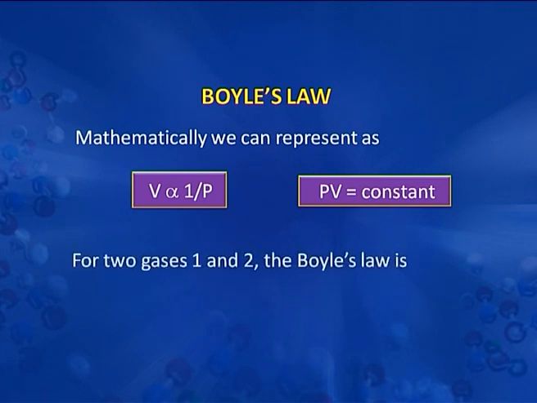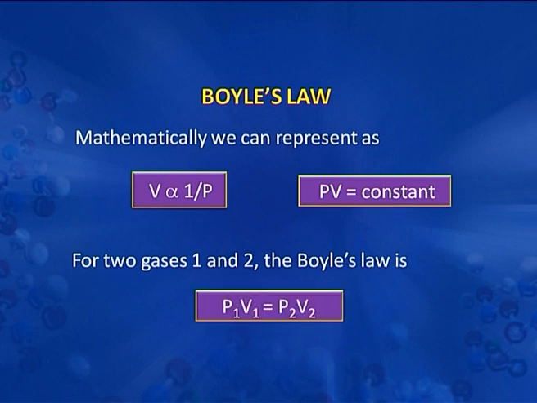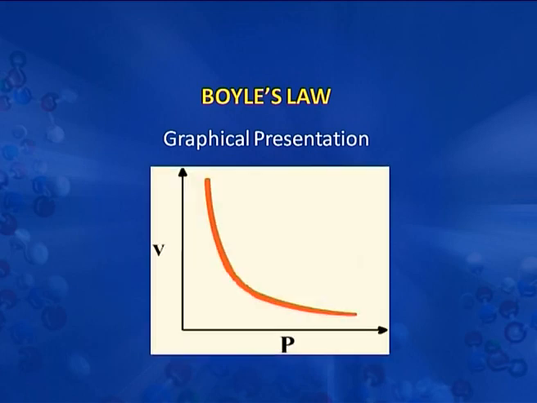If two gases are present, gas 1 and gas 2, Boyle's law is P1V1 equals P2V2. In this graph, it is easily visible that as the pressure is decreasing, volume is increasing.